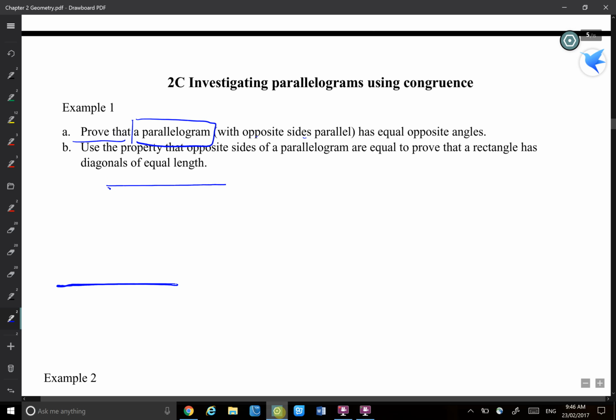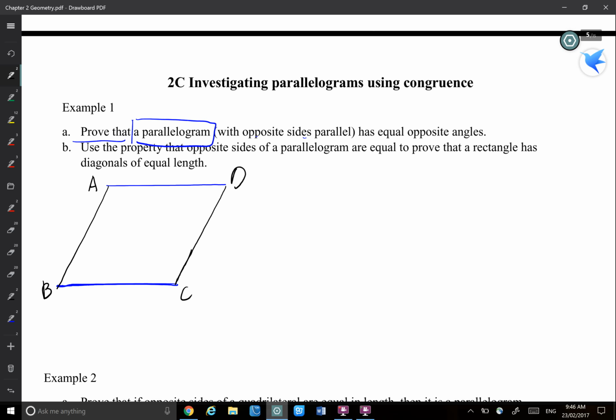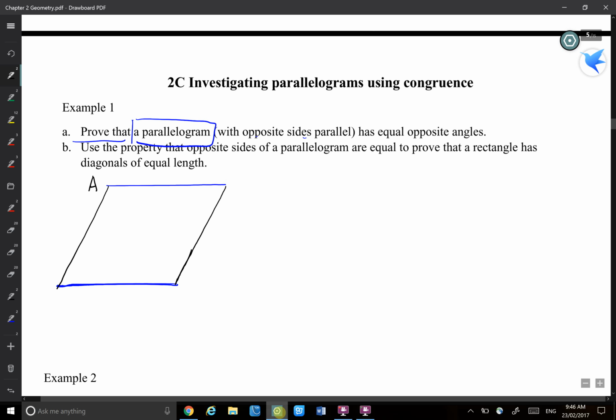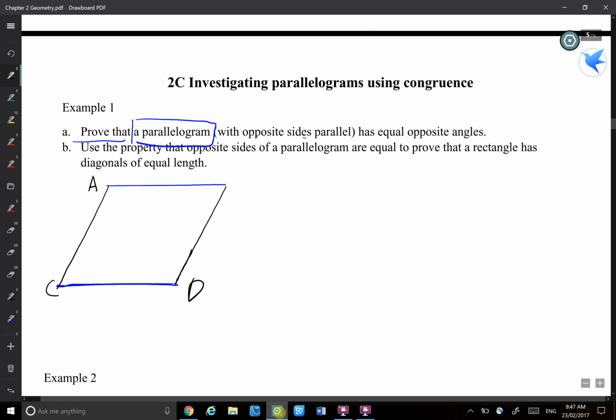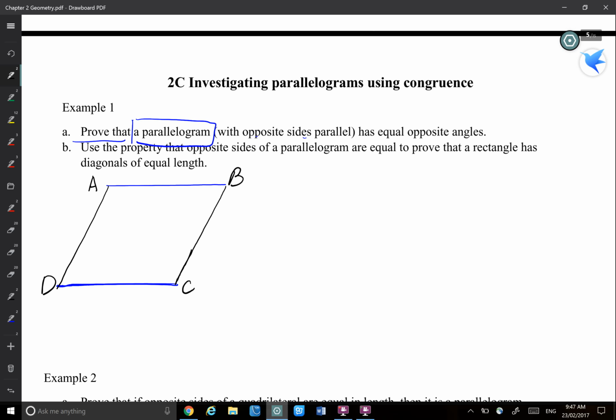When you label the parallelogram, label the vertices clockwise or anti-clockwise with A, B, C, D. Do not label like that, that's not very correct. That's parallelogram ABDC. So you need to label in a particular order. Let's say we label A, B, C, D like that, or the other way. Follow the clockwise or anti-clockwise order.